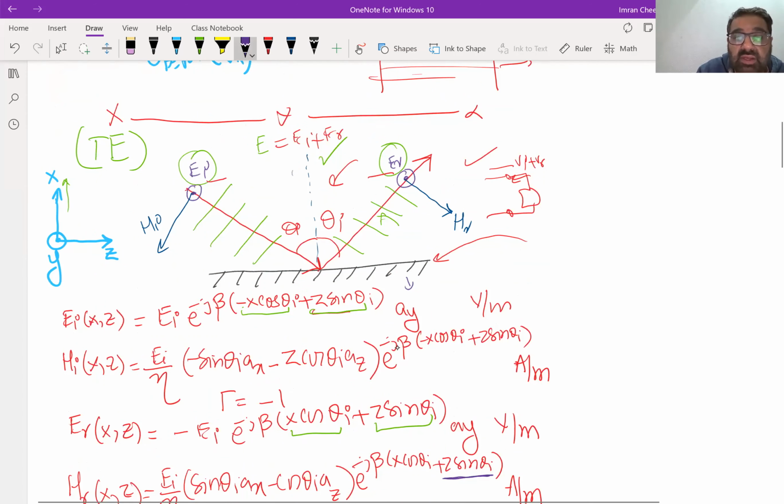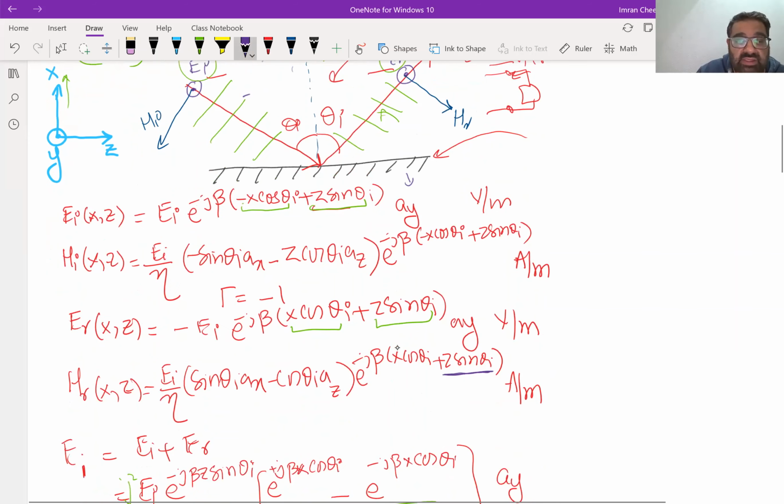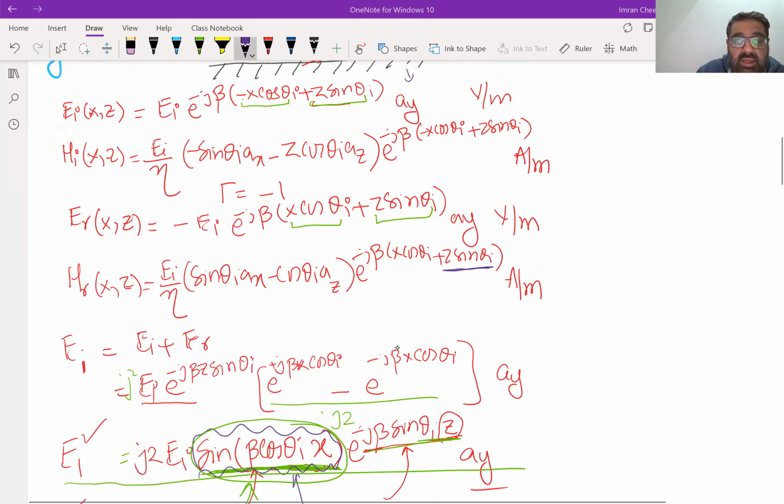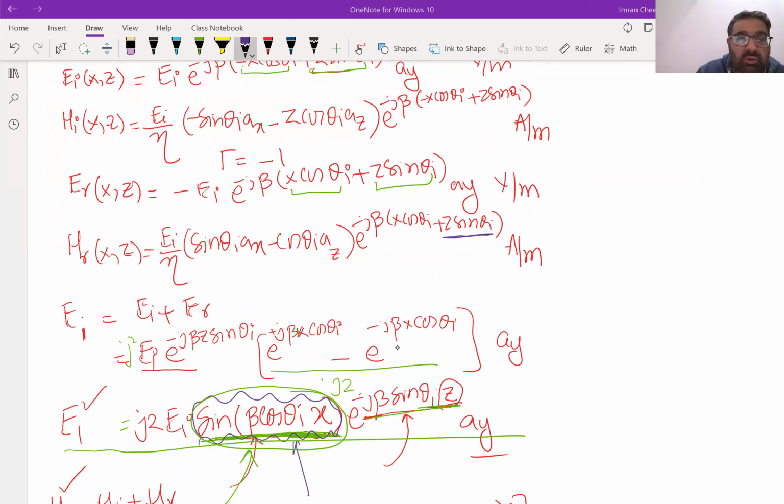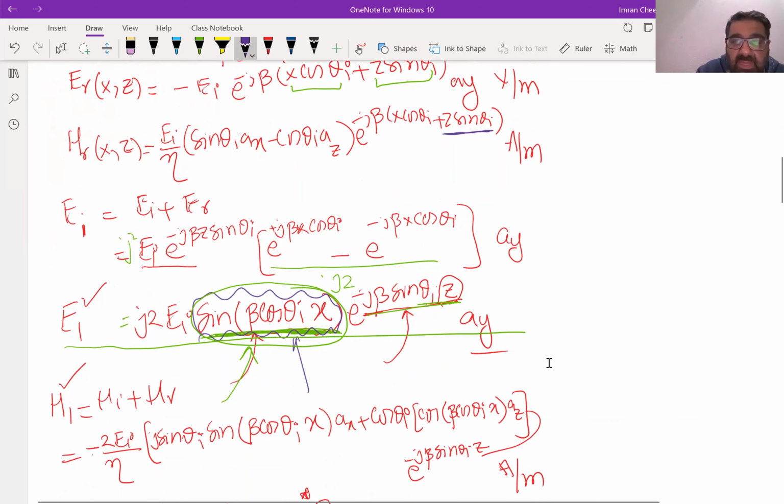So in this region, you will have the field which is the sum of the incident and reflected fields. Once we looked over that, you can clearly see that whenever you see this mathematical expression, this phase term represents a plane wave propagating in the z direction.